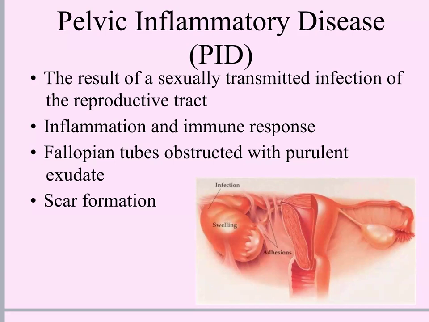So once the infection is present, it can cause peritonitis, which is an infection of the peritoneal lining, tubo-ovarian abscess, and then something called Fitz-Hugh-Curtis syndrome, which is actually an inflammation of the liver capsule. So there can be right upper quadrant pain in the abdomen.